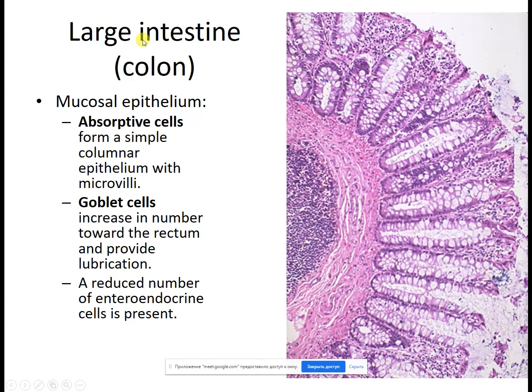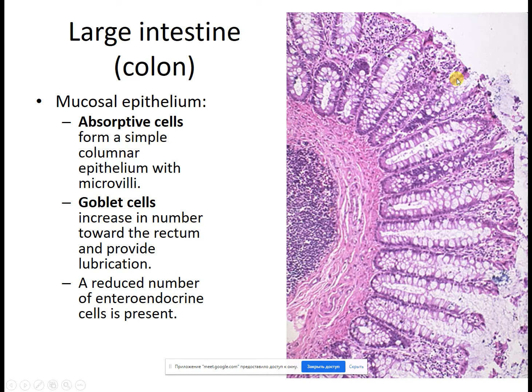So finally, let's talk about the large intestine, the histology of the large intestine and colon. First, you remember the function of the large intestine. Unlike the small intestine, it is also for absorption, but in the large intestine predominantly water and salts are absorbed. Because, I remind you, there are a lot of glands which constantly secrete in the small intestine, and of course we have to return it back to our body.